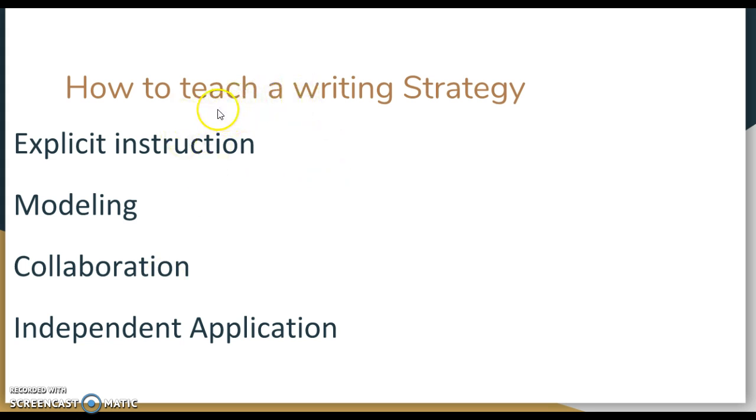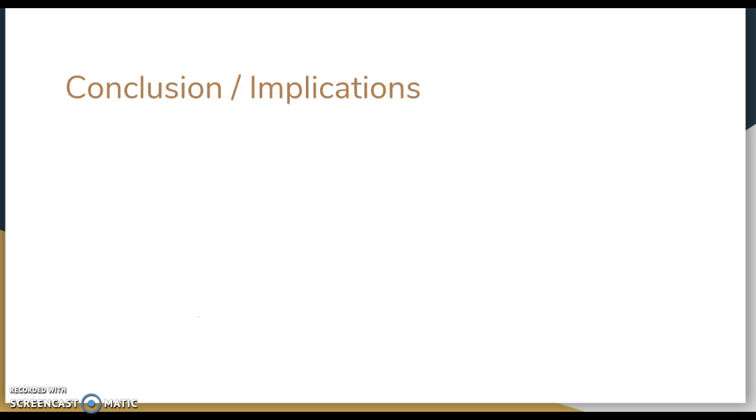So being able to really explicitly teach teachers how to bring these writing strategies into their classroom would be really helpful for allowing them to actually implement these writing strategies that Gail Tompkins talks about in order to develop strategic writers. And finally, I'll talk about some conclusion or implications, so what that may look like, even an exemplar.